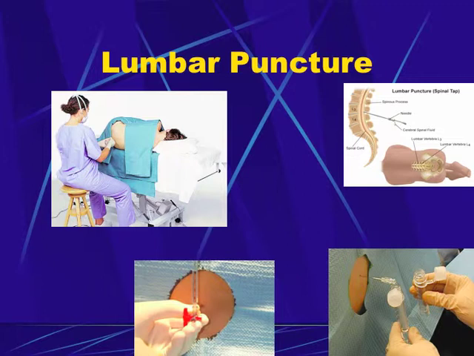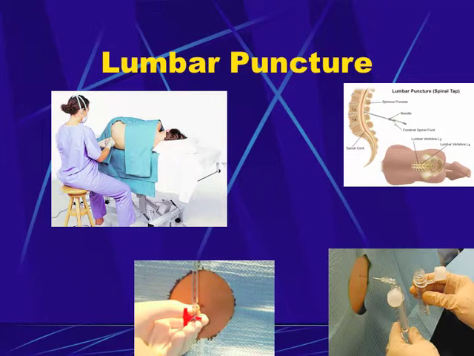Now, what you see in the left lower picture is a measurement of pressure. So while they're there, they can put a little manometer, and it actually is 12 inches long. That glass part, it looks like a thermometer, but it's pretty long, and they just attach that to the end, and it allows them to get a pressure reading for intracranial pressure.